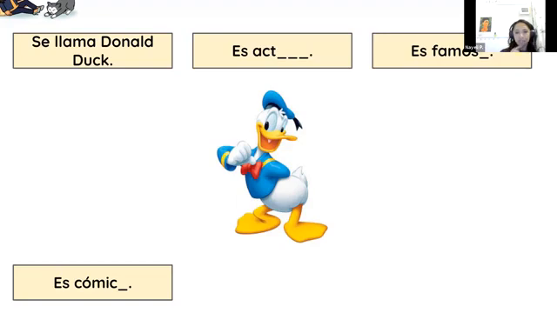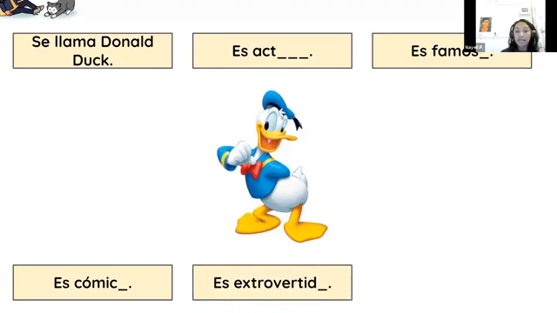Sí. Donald Duck es muy cómico. Donald Duck es extrovertido. No, no es extrovertida, es extrovertido.